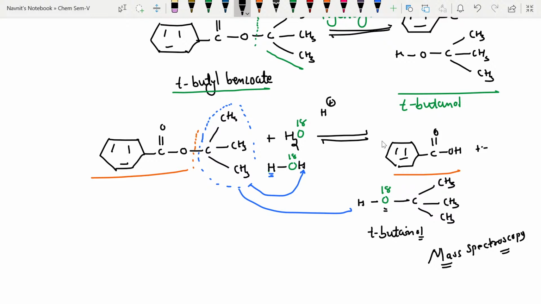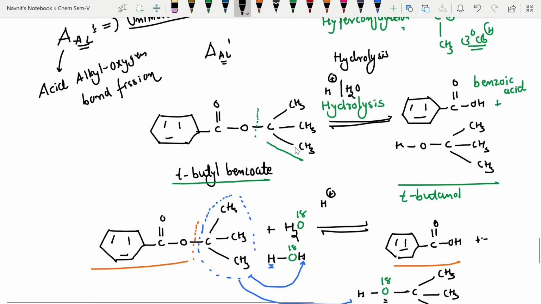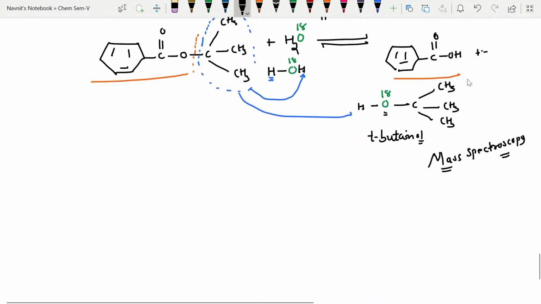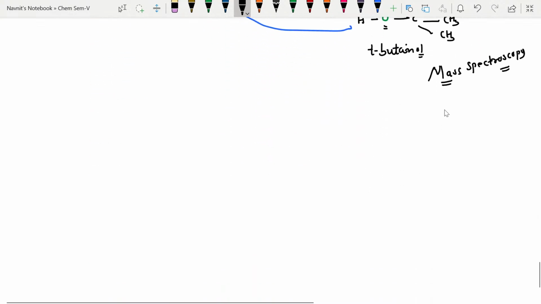Is it clear? So we can explain the hydrolysis of tertiary butyl benzoate through the AAL1 mechanism. When the alkyl oxygen bond breaks, it leads to the formation of a stable carbocation, the tertiary carbocation. Okay, let's see the mechanism. What is the mechanism of this reaction?